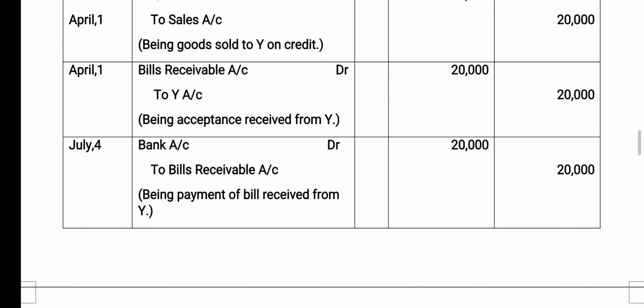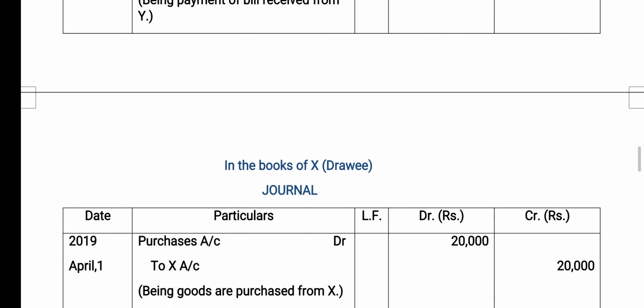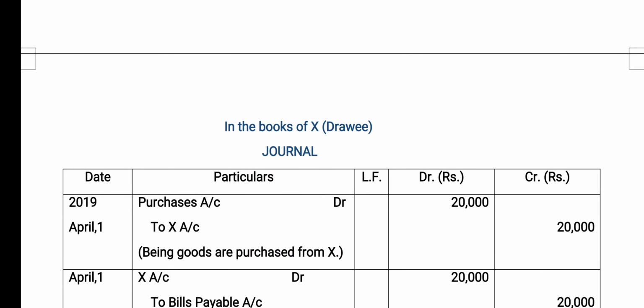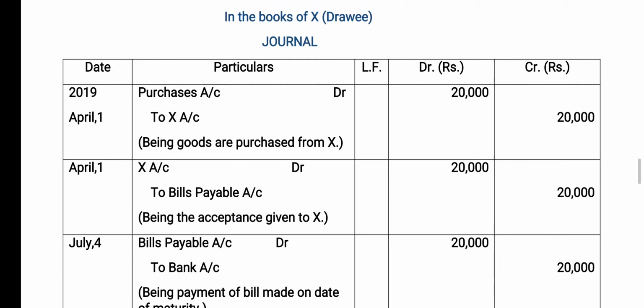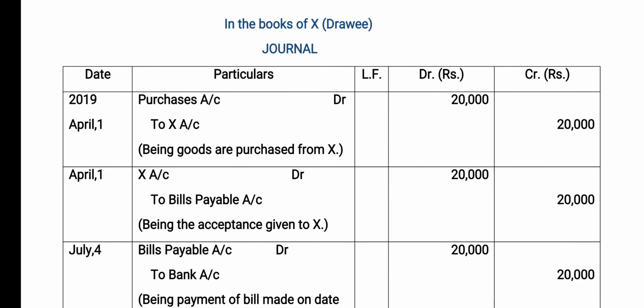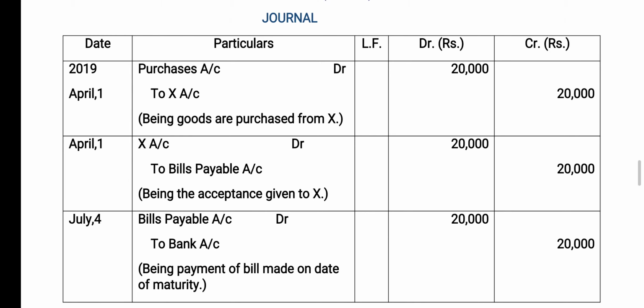Now you will make the same format, but now in the books of Y, who is the drawee, and you will do the journal entries like date, particulars, LF, debit, credit.